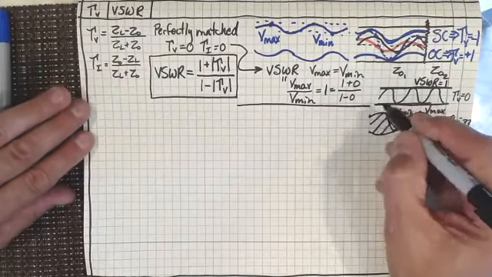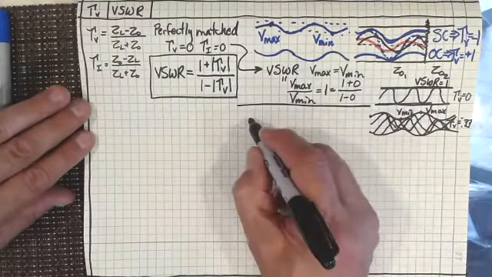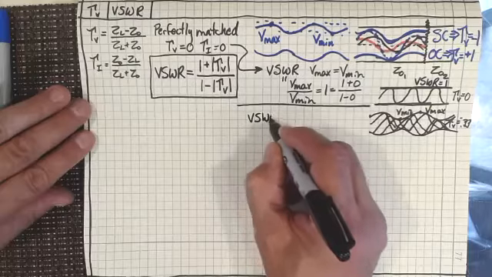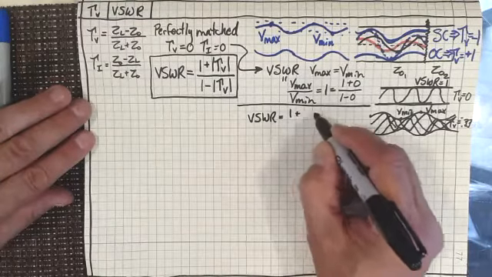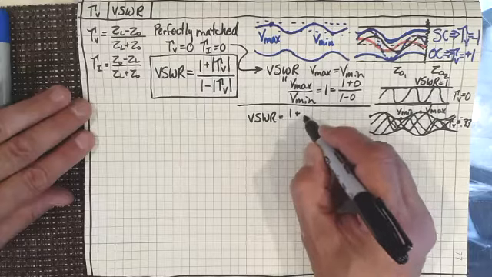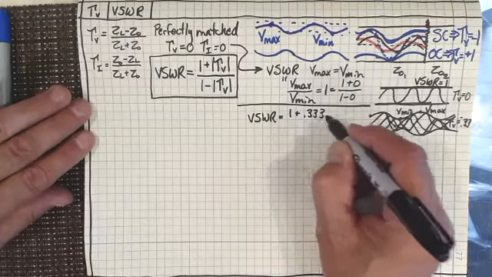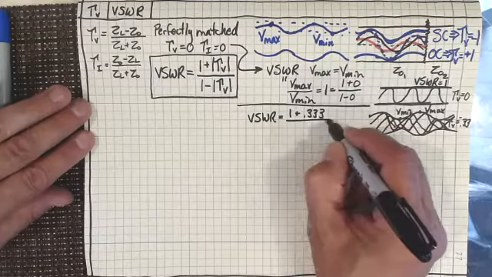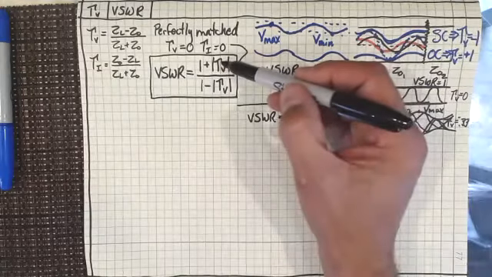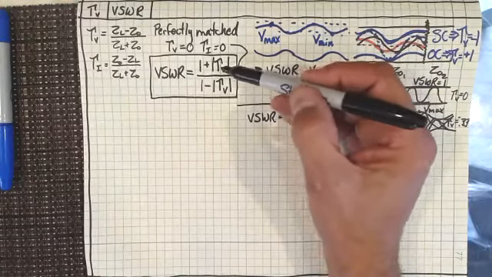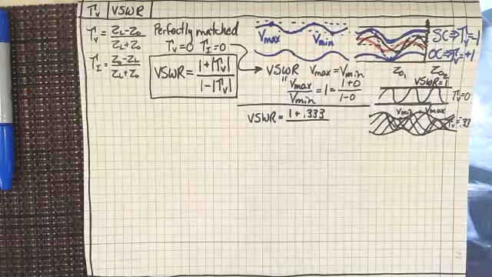If we looked at it for 0.33, I would have a voltage standing wave ratio of 1 plus 0.333 divided by, now you're saying, no, it's minus 0.333. Yeah, that's what I'm saying. That's why I use minus, because it's the absolute value of the reflection coefficient, isn't it?